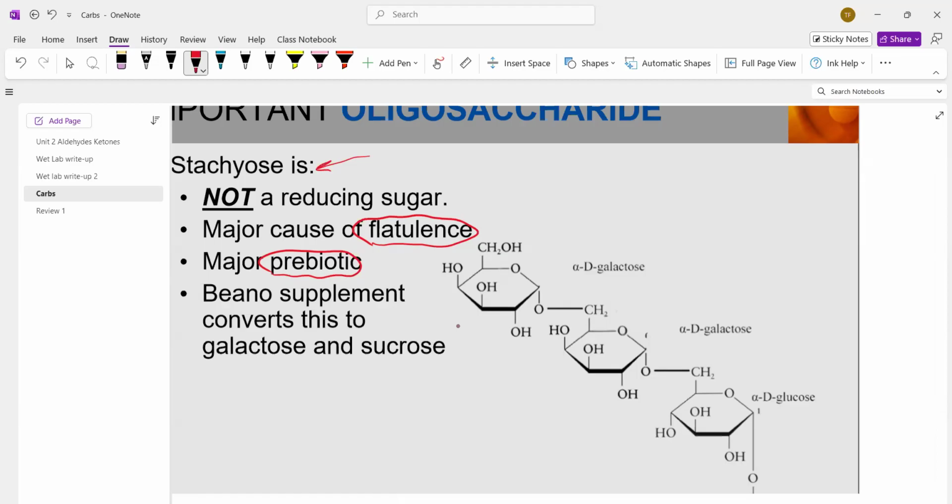I kept it in there and I didn't notice any difference flavor-wise after I started throwing it away. And then Beano breaks down these linkages, so you end up with sucrose down here and galactose. So to save money, you don't need to buy Beano, you just throw away the soaking water.